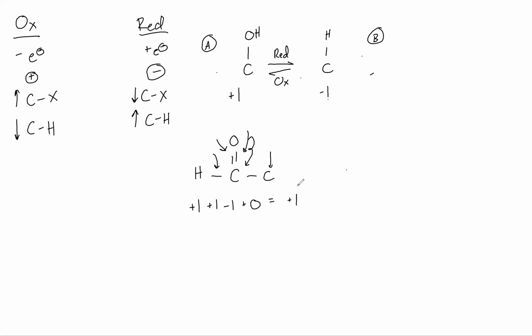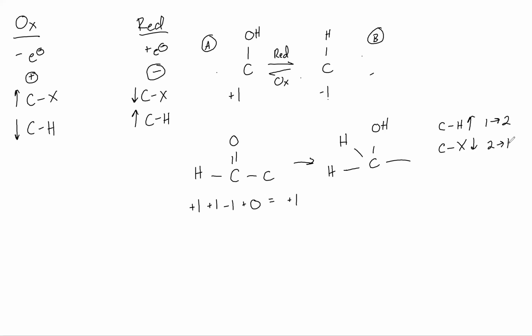And if I said, okay, what if I'm going from this guy here to this guy here? Is this oxidation or reduction? Well, if we look at our oxidation and reduction rules for organic chemistry, our carbon-hydrogen bonds went up from 1 to 2, and our carbon-X bonds, or carbon-oxygen bonds, went down, from 2 to 1. So obviously, this is going to be a reduction.